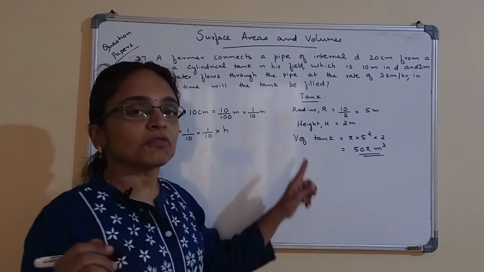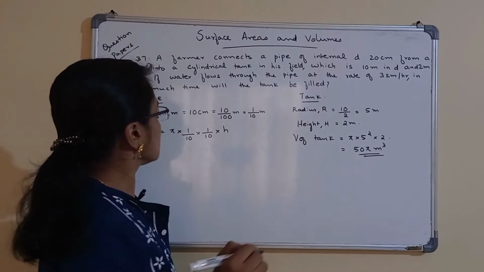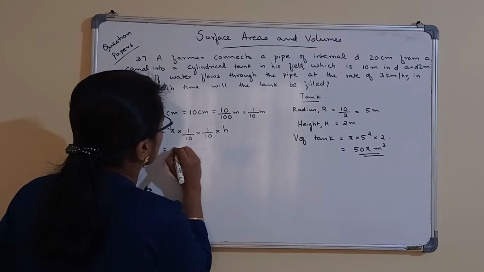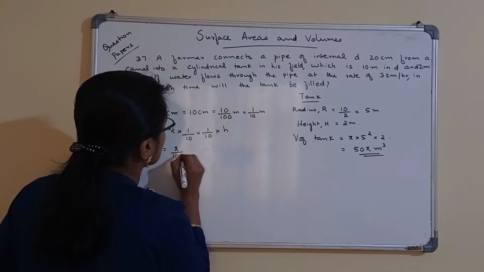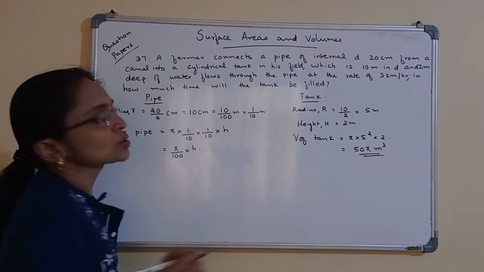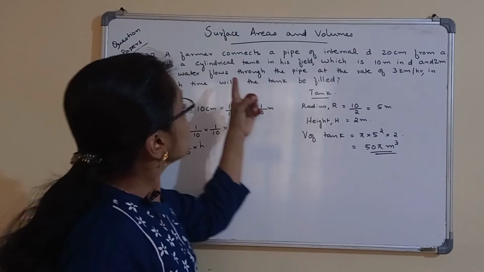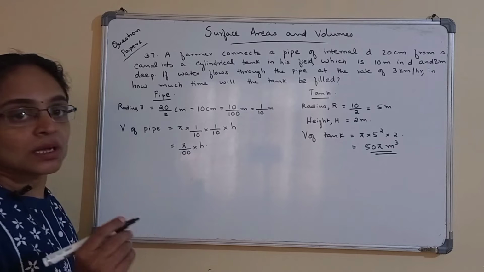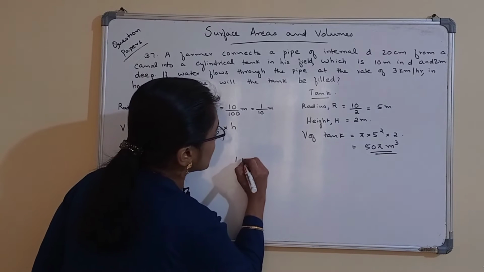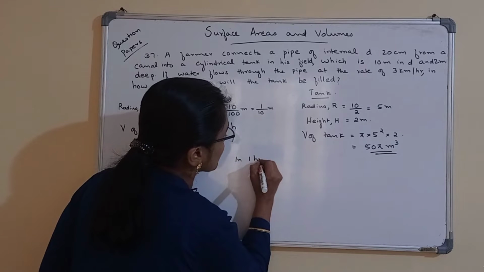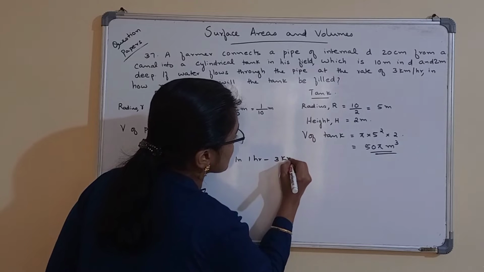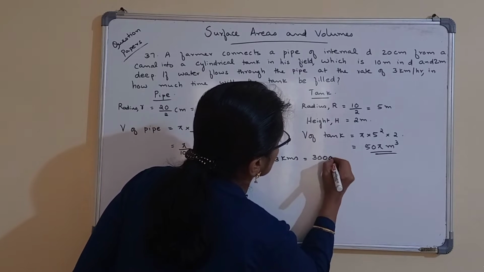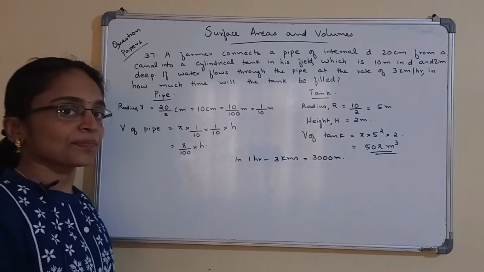So, volume of tank is 50 pi meter cube and volume of pipe is pi by 100 into h. Okay. And here water is flowing through the pipe at the rate of 3 km per hour. So, in 1 hour, it is flowing 3 kilometers, which means it is flowing 3000 meter in 1 hour.